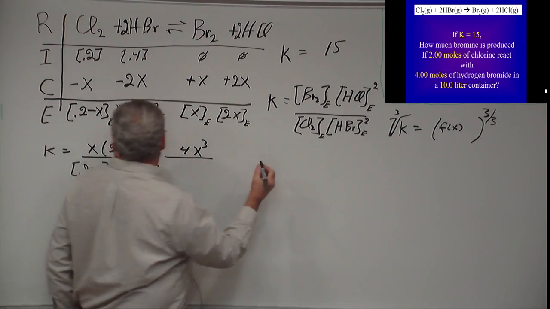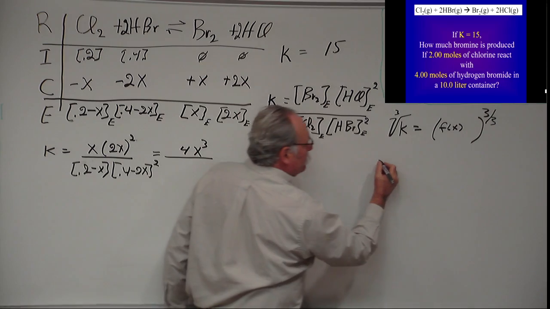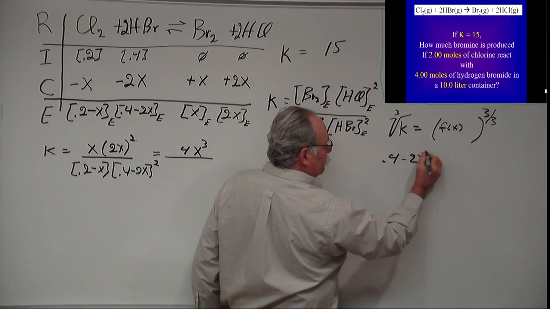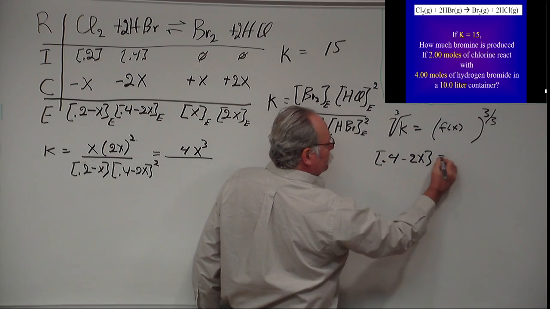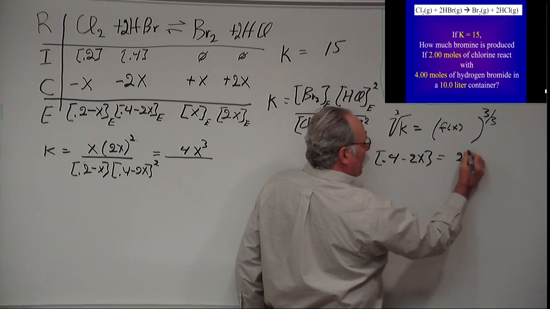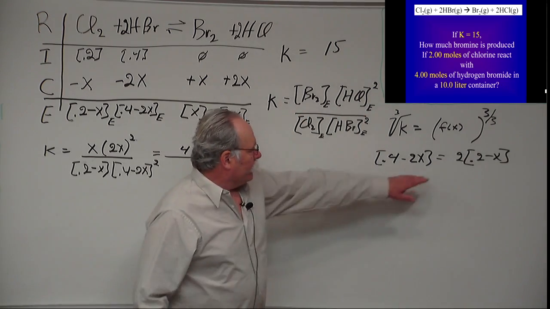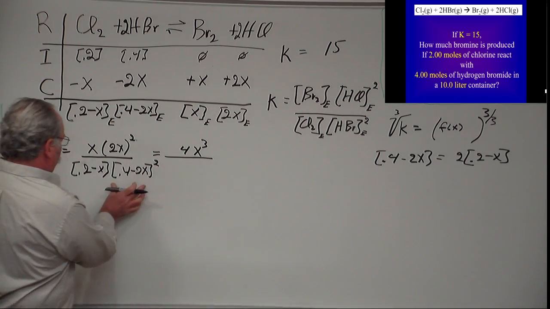So what I'm saying here is that 0.4 minus 2x is 2 times (0.2 minus x). When I do that, I'm going to do this in 2 steps.